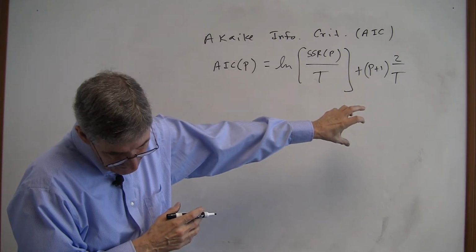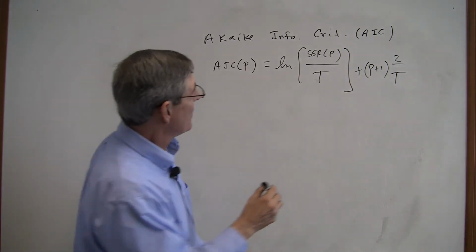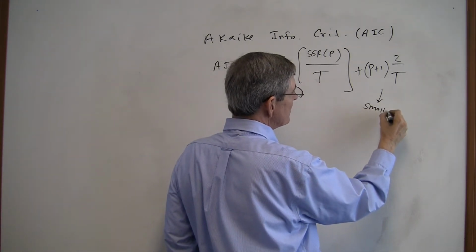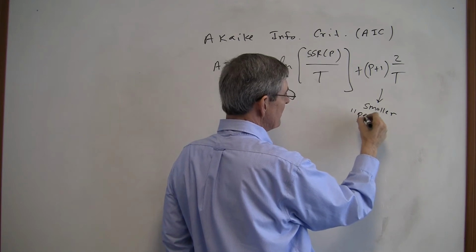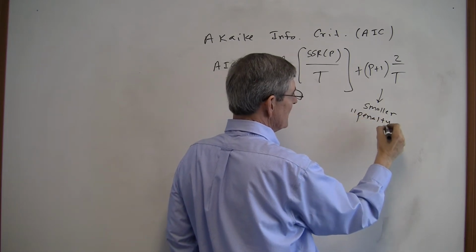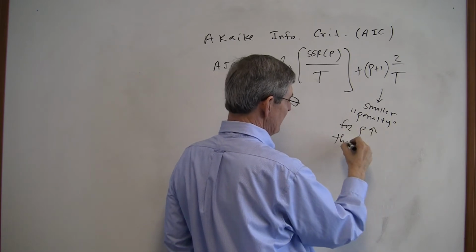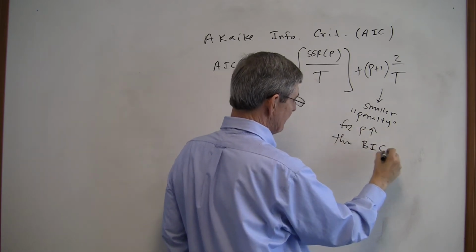So this has a smaller penalty for p going up than the BIC.